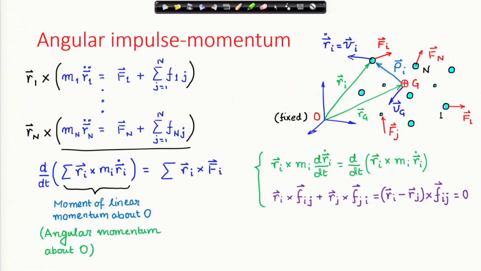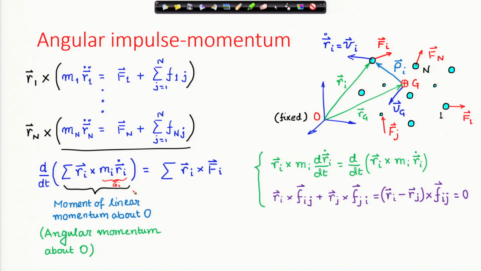On the left hand side within the brackets, what we have is known as the moment of linear momentum about O. You can check that m_i r_i dot, this term, is nothing but the linear momentum of the ith particle, indicated by capital G_i vector, and r_i cross capital G_i vector.